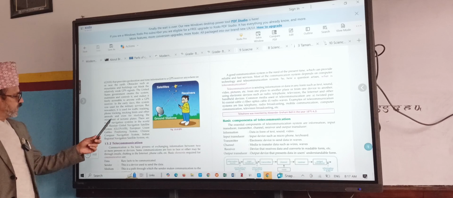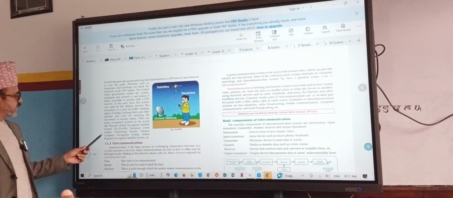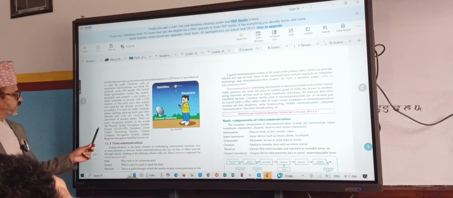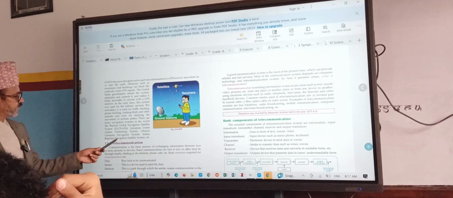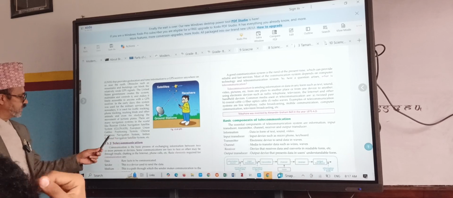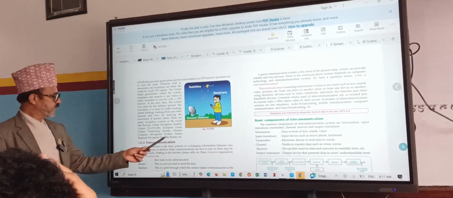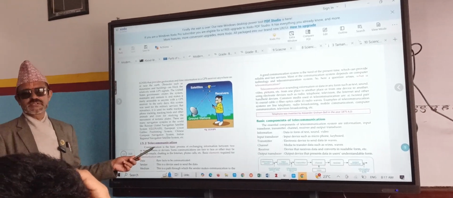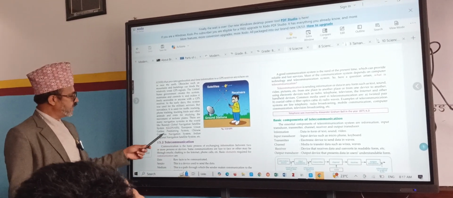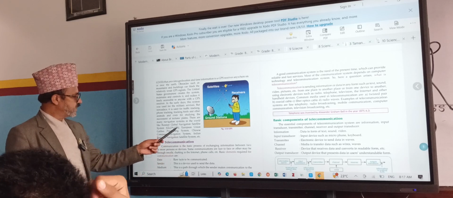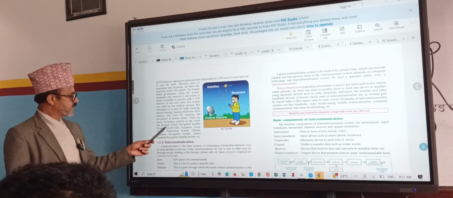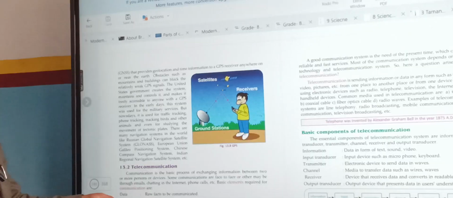Then the next one is Galileo, the European Union's Galileo Positioning System. Chinese Compass Navigation System. Indian Regional Navigation Satellite System. It means it differs country-wise. Indian is IRNSS, Regional Navigation Satellite System. Chinese is CNS, Compass Navigation System.